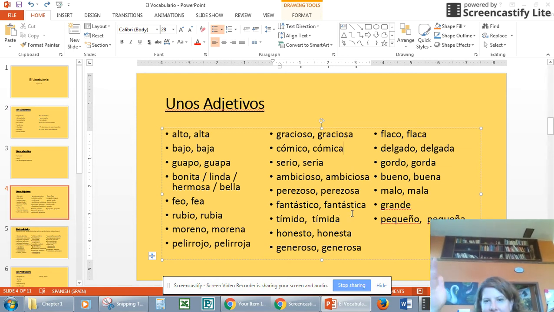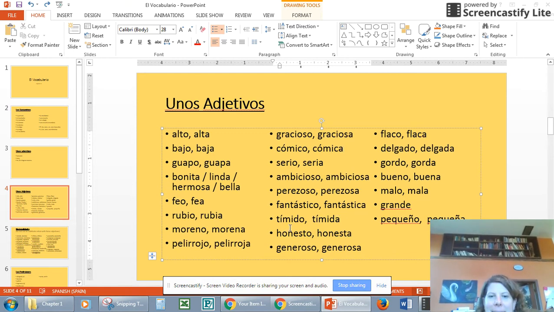Fantástico, fantástica, fantastic. Tímido, tímida, timid. So that looks like what it is. Honesto, honesta. That looks like what it is. Honest. Generoso, generosa. That looks like what it is. Generous. Flaco, flaca. That's skinny and more of a, ooh, that person is so skinny. It's a not quite derogatory, but not as nice sounding as delgado, delgada.